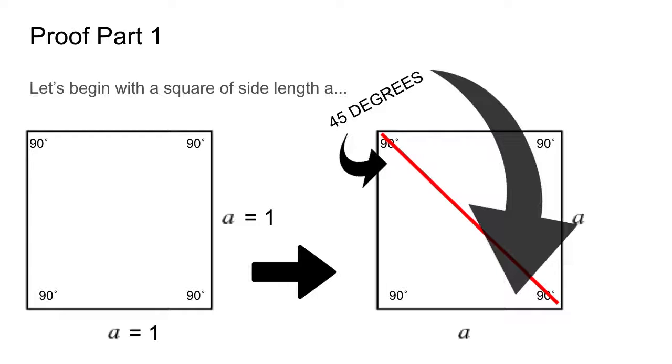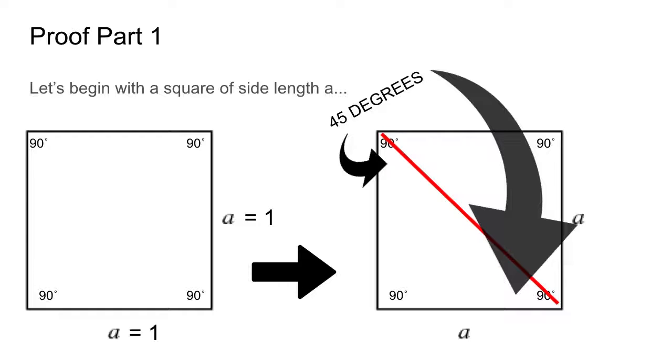The side length is irrelevant, but let's set it to 1 for simplicity. Now, given this square, we want to draw a diagonal line connecting the opposing vertices. From what we know about the square, that the sides are always equal, we now know that the two legs of the right triangle are equal.